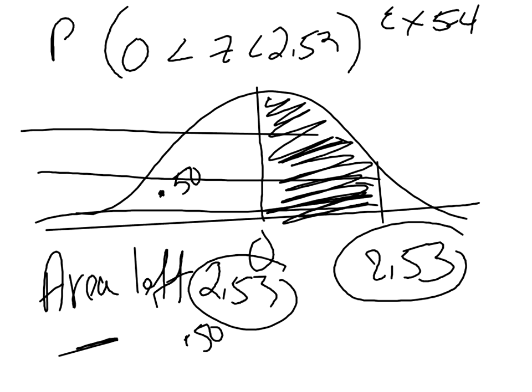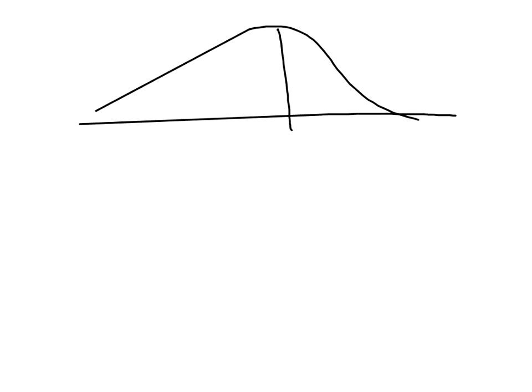Remember, 2.53 is a z value, and we're going to take the area associated with that z value and subtract 0.50. We don't mix those two up. So back to our situation. Here's 2.53. Here's the 0.50 we're going to subtract out. When we go in our book, they tell us that the area to the left of 2.53 is 0.9943.